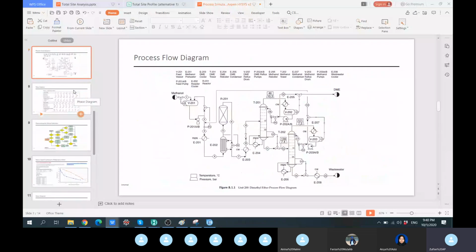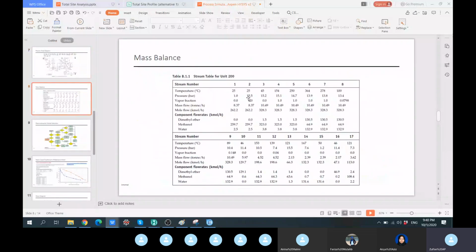So stream number 1, 25 degrees C, and we have 259.7 methanol and 2.5 water.